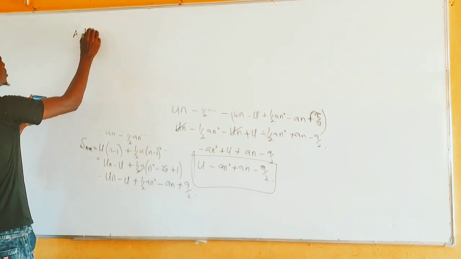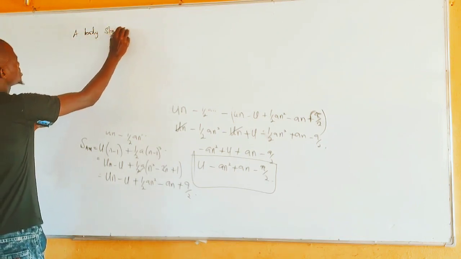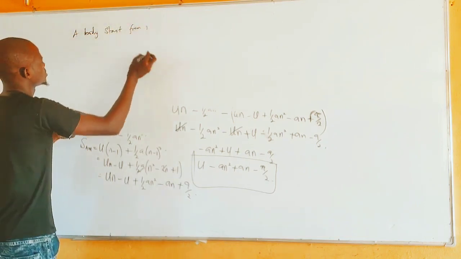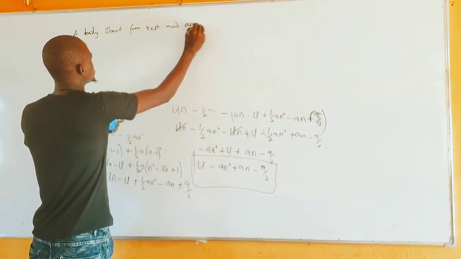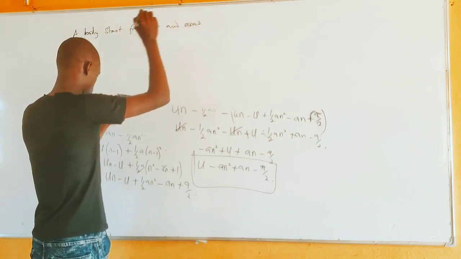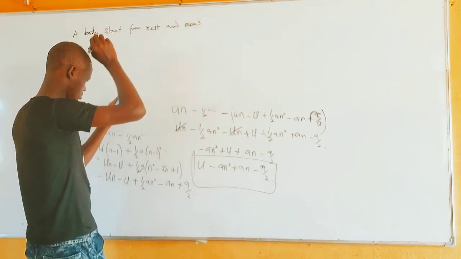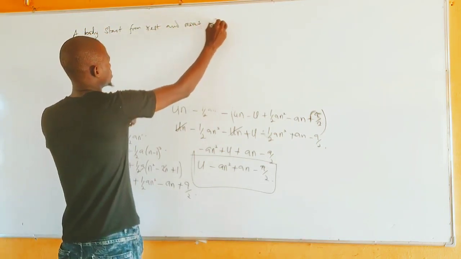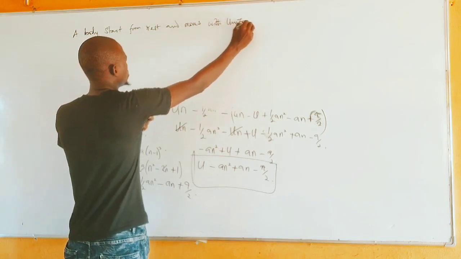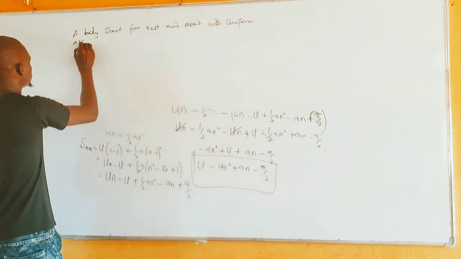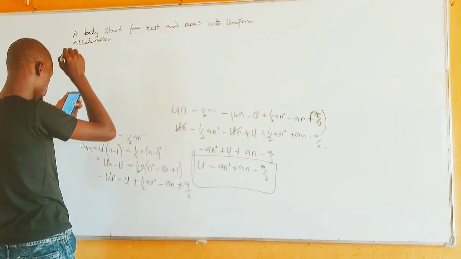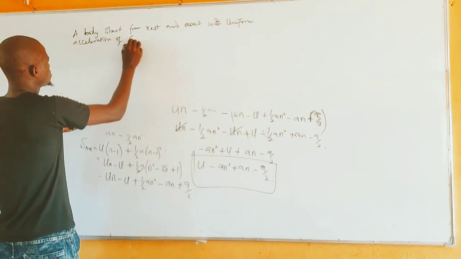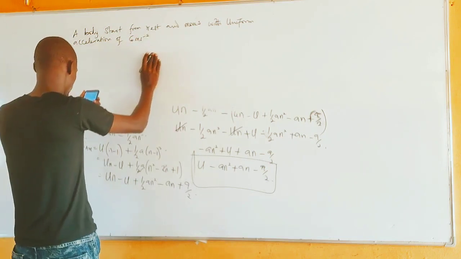A body starts from rest and moves with uniform acceleration of 6 meters per second square.